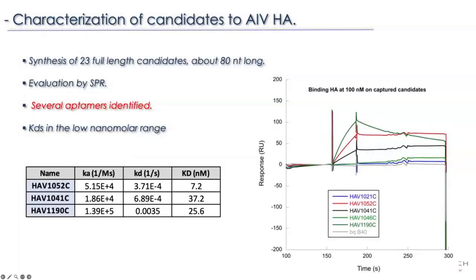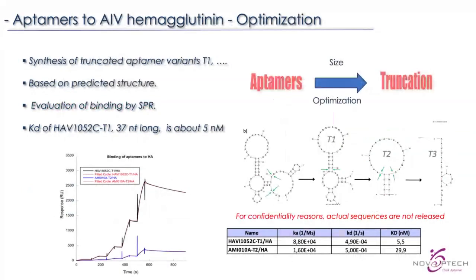Some of the candidates show a nice association signal, and then a dissociation that is rather rapid for this particular candidate and slow for this one and this one. In these two cases, the association is extremely stable. For these three aptamers that are listed here, we get a KD binding constant in the low nanomolar range. And we checked that these oligonucleotides were specific for hemagglutinin.